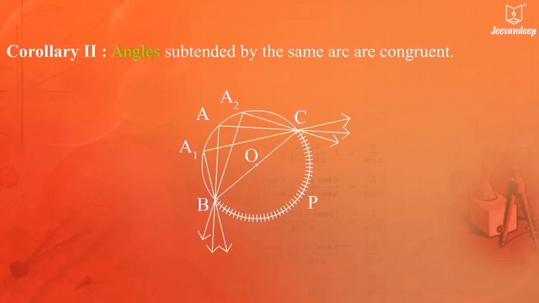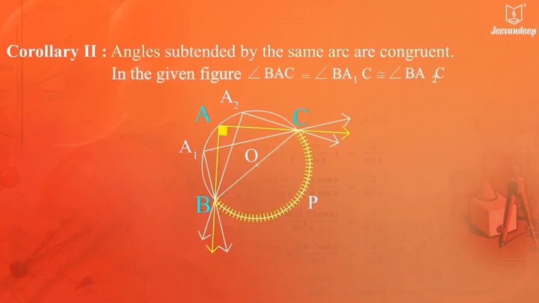Angles subtended by the same arc are congruent. In the given figure, angle BAC is congruent to angle BA1C, which is again congruent to angle BA2C.